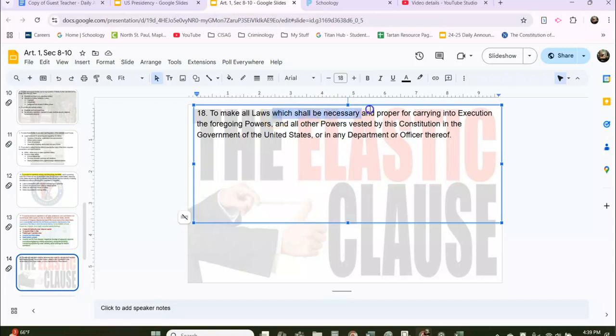But they put restraints on them when they said when they're necessary and proper. So that's where the term necessary and proper clause comes from. So Congress makes laws which are necessary and proper for carrying out their powers.